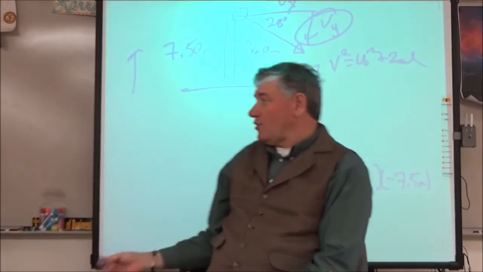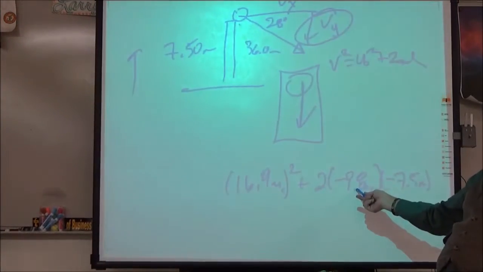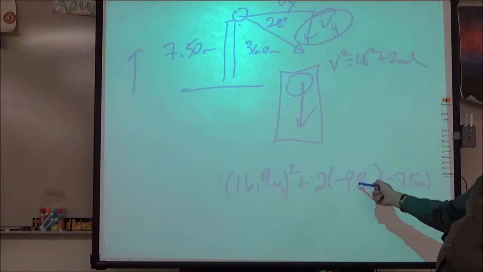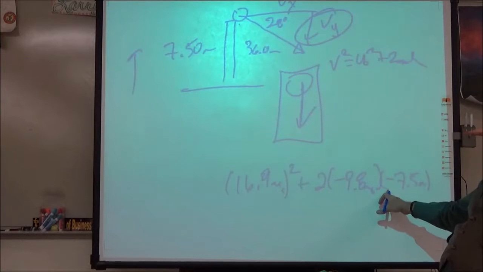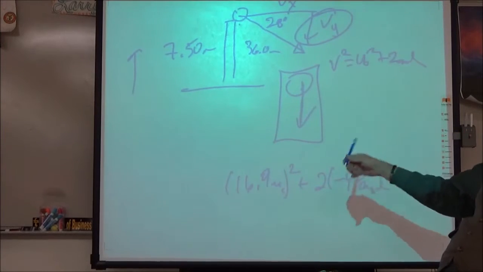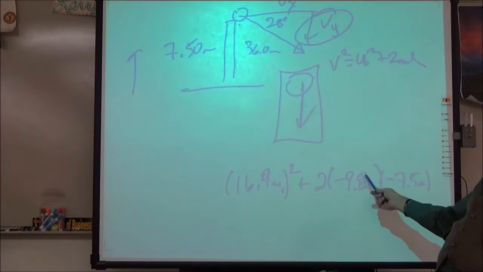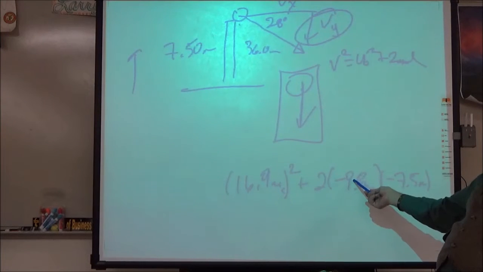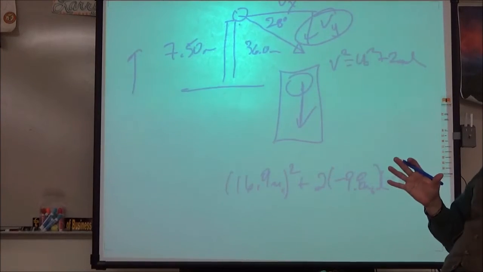That way you, in effect, end up adding this part. If you make one negative and the other positive, you subtract that part and get an answer less than the 16.9. So you either make both negative or both positive. It doesn't matter, they just have to be the same sign.